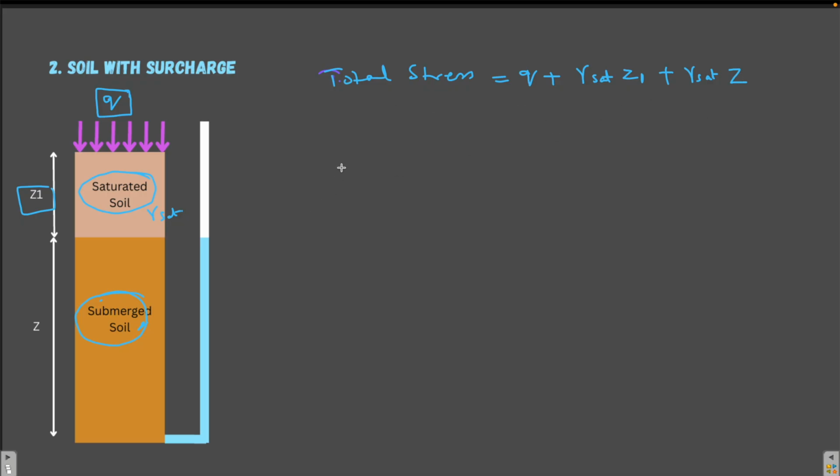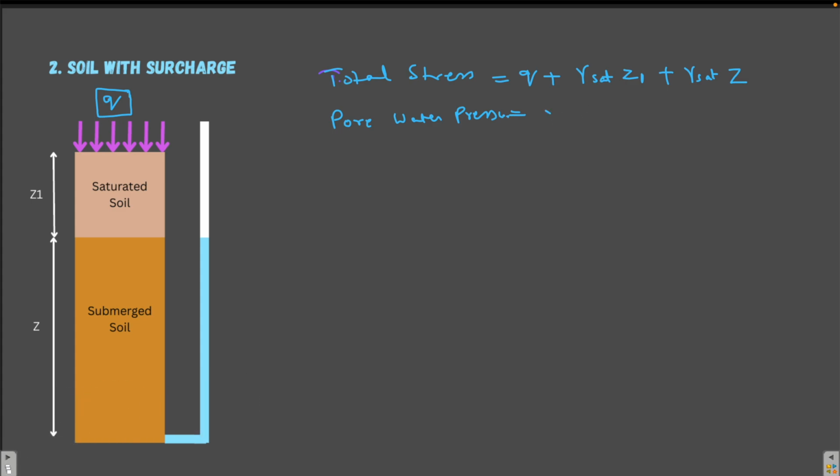Now let's find out the pore water pressure U. The pore water pressure will act from this height to this. How can you say that? The level of the water in the piezometer is up to a depth of Z. So the pore water pressure will act only up to this certain depth.